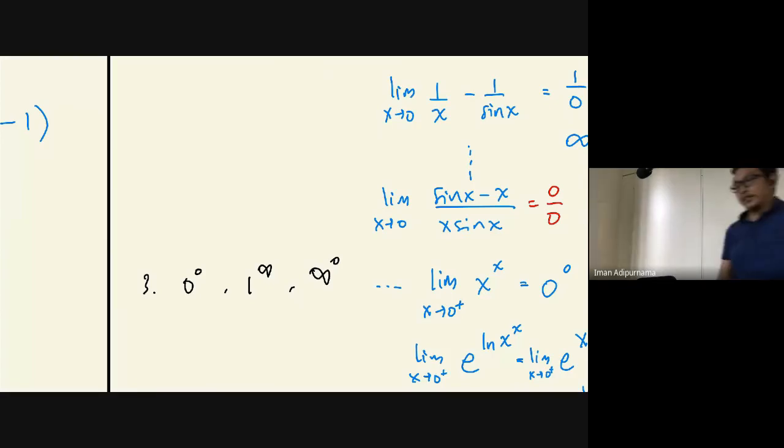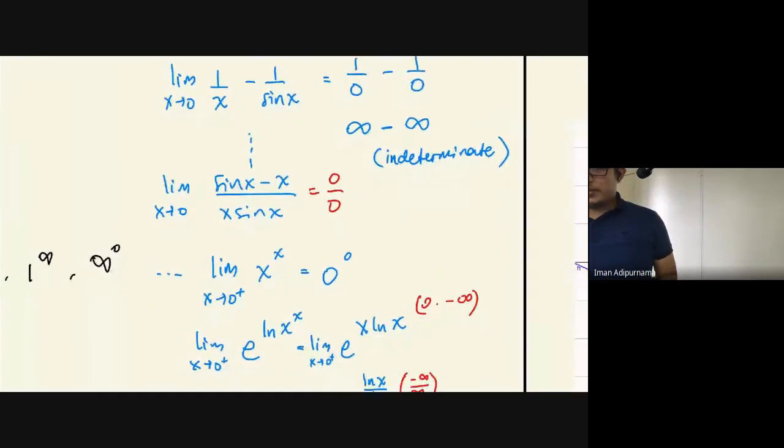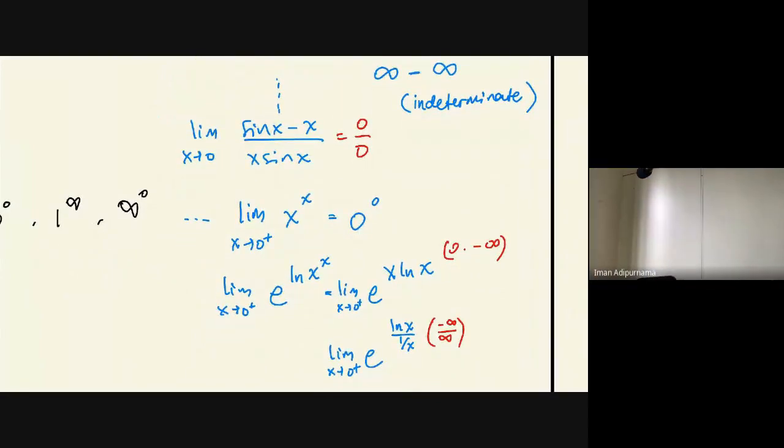Okay. So the idea, if you have x to the x, 0 with the 0 power, remember the e. Okay, we can use the e. That's why it's also useful here. So we can rewrite with the e. When you rewrite with e, it becomes this situation.